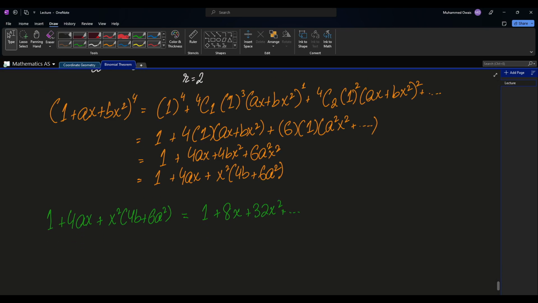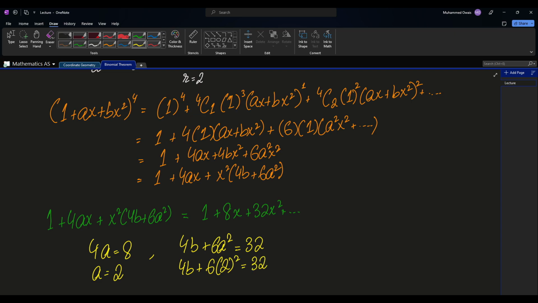Now we compare the coefficients of x and x square. Here the coefficient of x is 8 and 4a, so 4a is equals to 8. Therefore, a is 2. And now for x square, this will be 4b plus 6a square is equals to 32. So then 4b plus 6 into 2 squared is equals to 32.